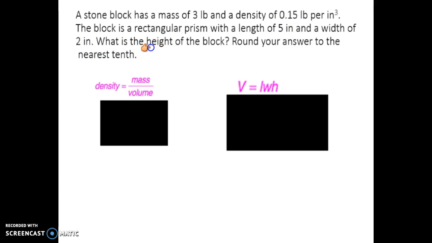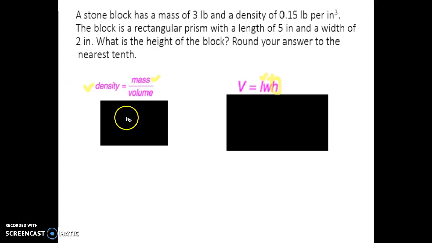They want the height of the block, round to the nearest tenth. So they're asking for this right here, the height. They've given us the mass and the density. They've given us the length and the width. So the first thing that we need to do is find the volume. Then we can plug the volume into this formula to find the height.